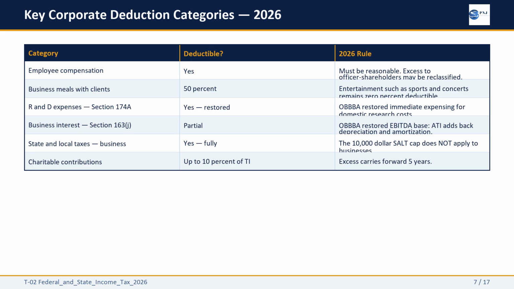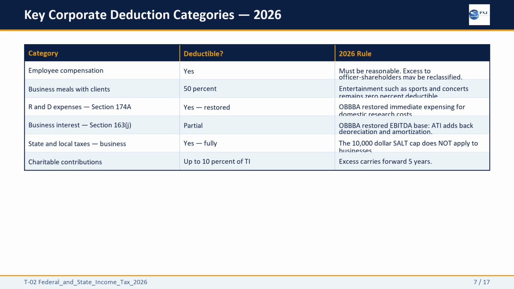Employee compensation is fully deductible if reasonable. Excessive compensation paid to officer shareholders may be reclassified by the IRS. Business meals with clients remain 50% deductible, but entertainment expenses, such as sporting events and concerts, remain at 0% after the TCJA.